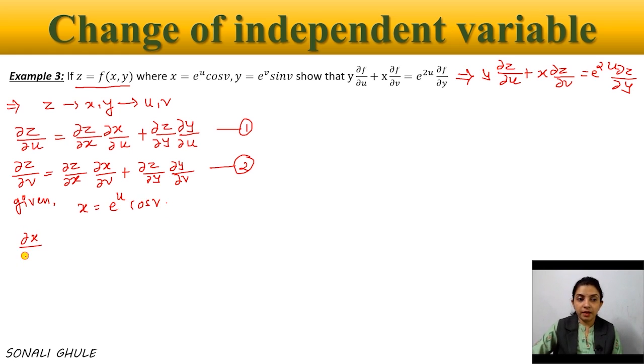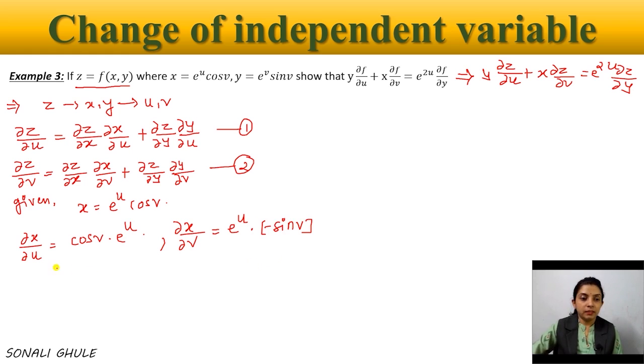See, x with respect to u keeping v constant means cos v constant, and derivative of e to the power u, it is e to the power u. Okay. Then differentiate this x with respect to v keeping u constant. This time e to the power u is constant, and derivative of cos v, it is minus sin v.